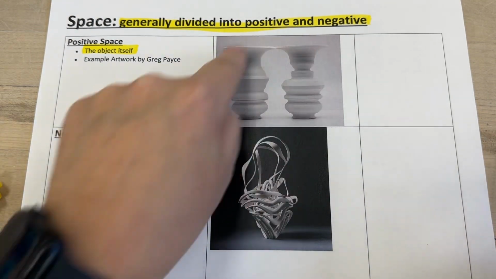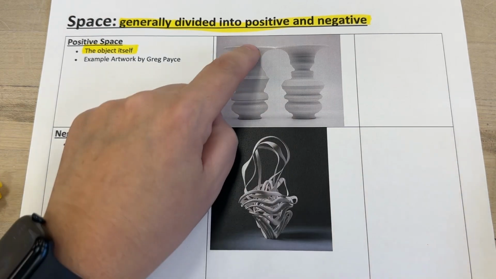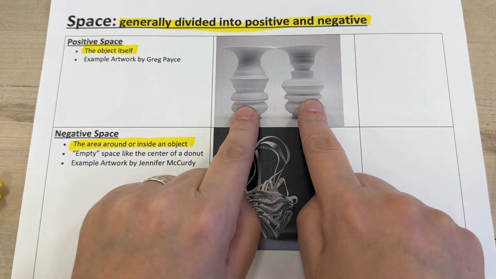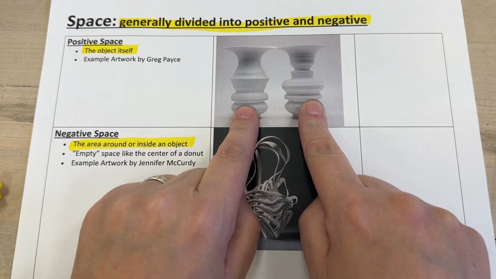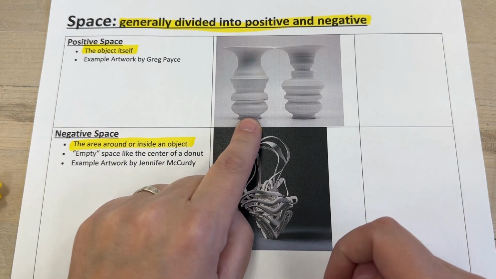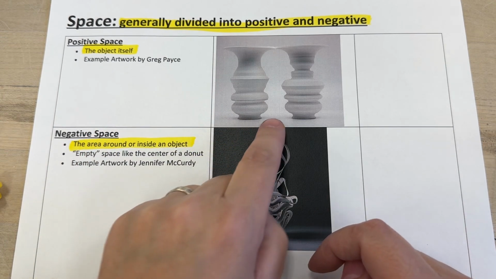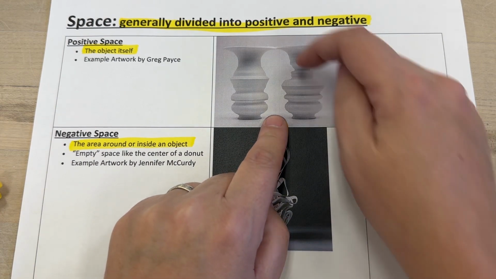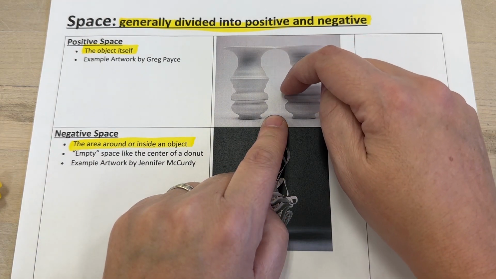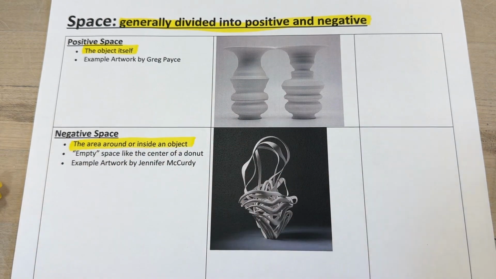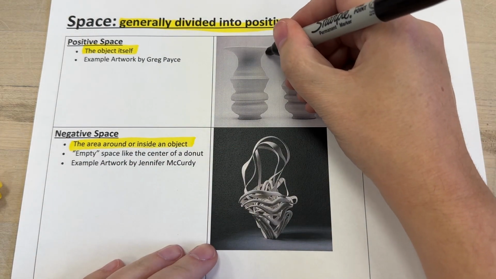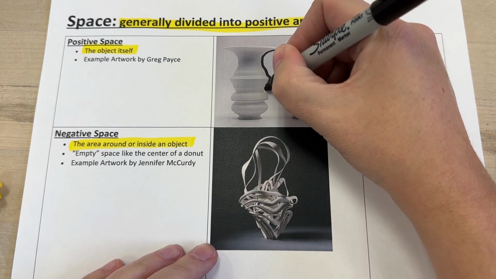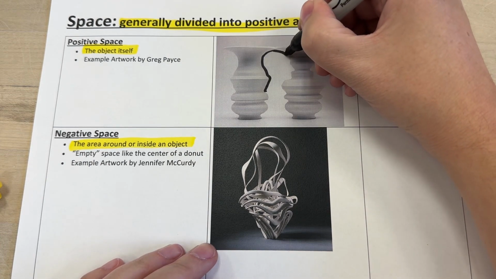Now this artwork right here, if you look at the vases, that is the positive space, right? These actual vases. But if you look at the negative space, this artist takes a really long time to create these, where he creates a negative space and he'll create the silhouette or other unique feature in the negative space.